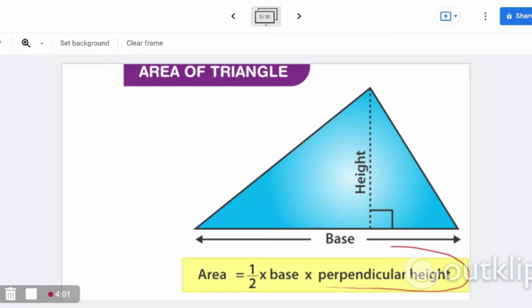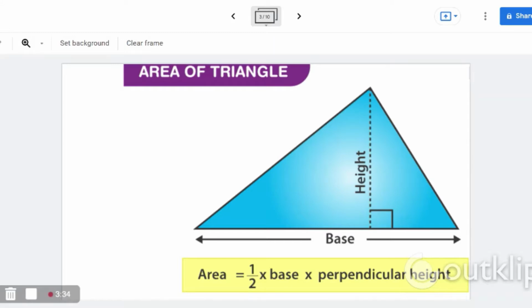In this diagram they have mentioned it as perpendicular height because after it has come from its height and touched the base here, the angle formed is 90 degrees. Can you see here? It is 90 degrees. So because of this 90 degrees it is called a perpendicular height. Or else you can also read this diagram as area of a triangle equals half into base into height. Normally this is how it is read.